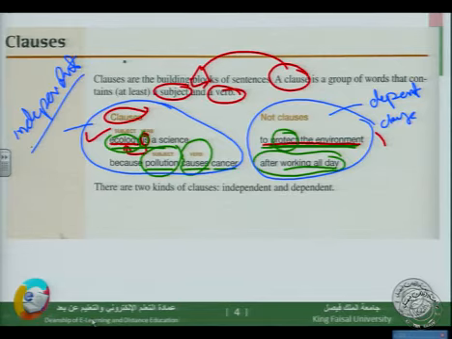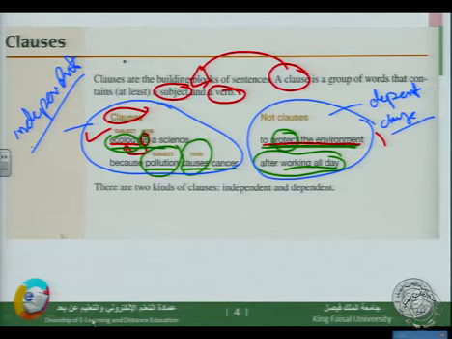This one is independent and this one is not independent. What is meant by that? The independent clause does have a meaning, whether it stands with other clauses or not.